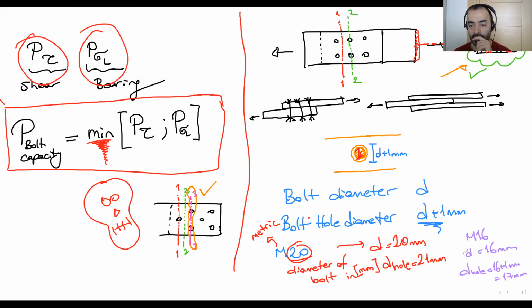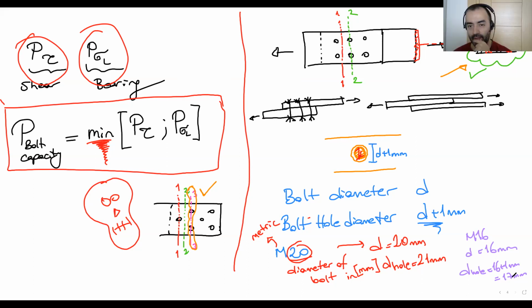Okay, for the steel area to calculate, actually this part is regarding the previous week's subject, the axial force effect, normal force effect, but I'm trying to explain it again for you here. You get understand about the bolt diameter and hole diameter.